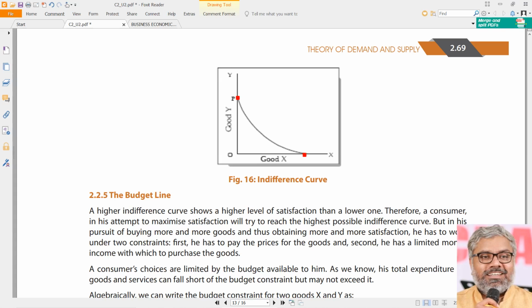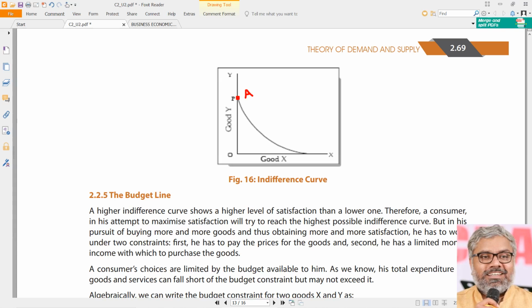So if this point is there, the point P, let us say here what is given as point P, or let us call this for our purposes point A. Point A is where the indifference curve is touching the y-axis.